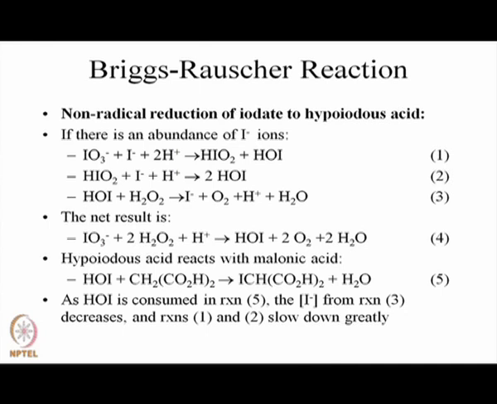So a reaction scheme is like this: non-radical reduction of iodate to hypoiodous acid. If there is an abundance of iodide ion, the following reactions will take place.